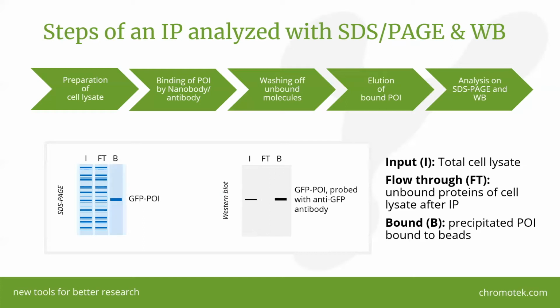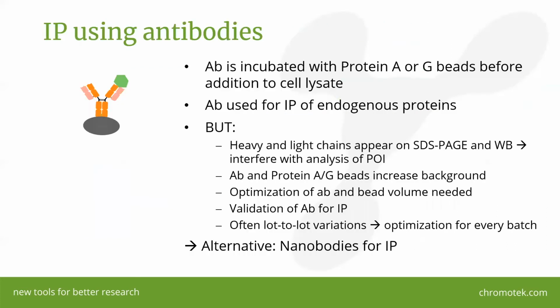The third fraction, and this is the most important fraction, is the bound fraction. This is obtained after elution of the protein of interest from the beads. This bound fraction contains the proteins bound to beads, and usually your protein of interest band should be visible on the SDS-PAGE and on the Western blot.